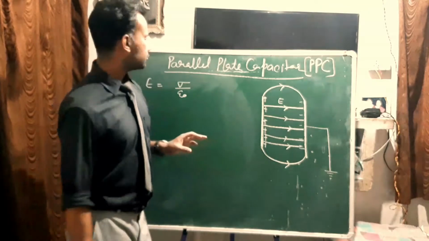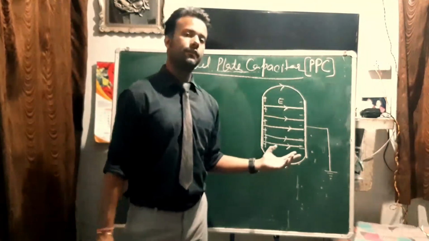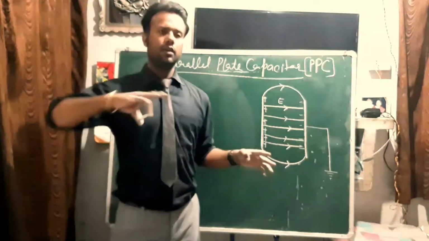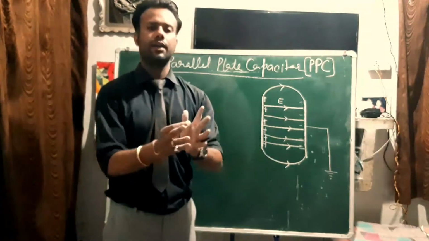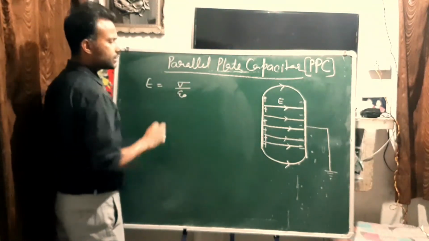And if between the plates we have any dielectric medium, then we can apply the K here. We'll apply K at the end; we are not applying it here. Now, what is sigma here?